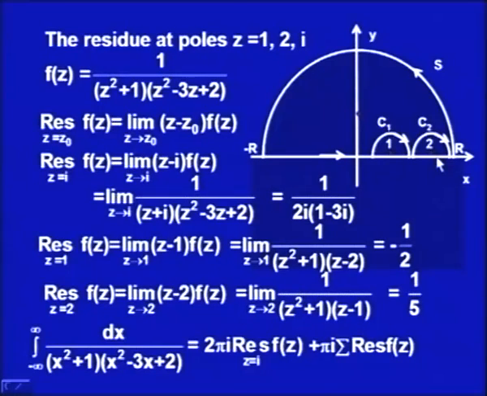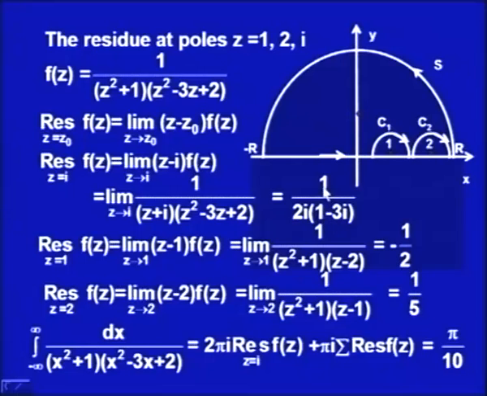What we get is first 2 pi i, where the residue is 1 upon 2i times (1 minus 3i). So the 2i cancels out, leaving pi upon (1 minus 3i), and then pi i times (minus 1 upon 2 plus 1 upon 5). 1 upon 5 minus 1 upon 2 is actually minus 3 upon 10, giving minus 3 pi i upon 10, and we have pi upon (1 minus 3i). Making it rational, we get (1 plus 3i) upon 10.